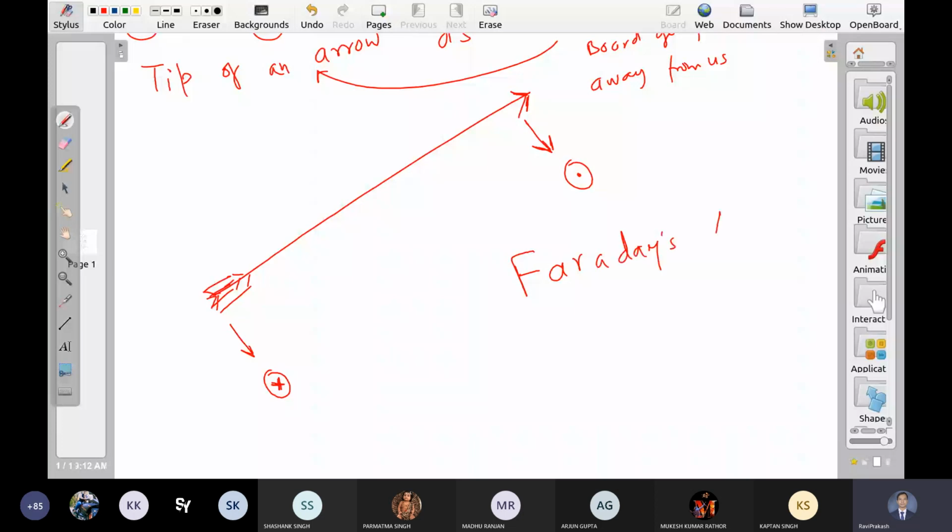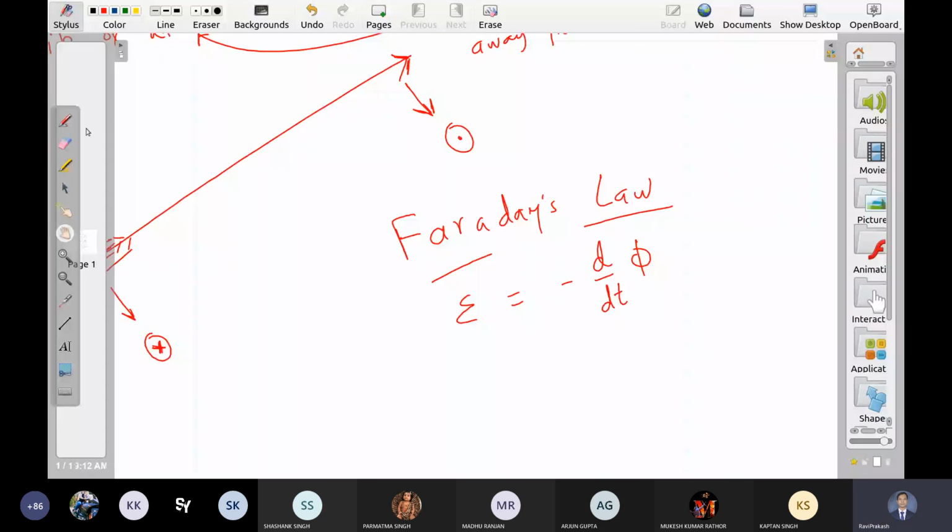Faraday law. What is Faraday law? The induced EMF is equal to minus d phi by dt. Flux. Right? What is flux? So this is some coil or loop. This is a small area. And how much is the flux passing through this?